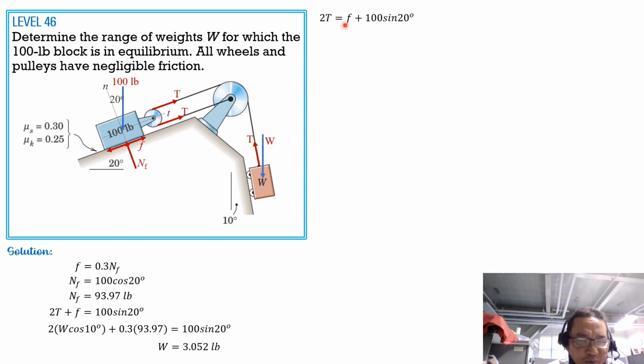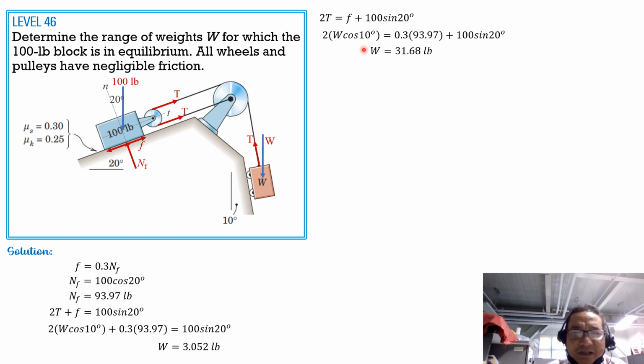So friction is 0.3 of NF again. So 2 times T, which is W cosine of 10 degrees, equals 0.3 of NF, and NF is equal to 93.97 plus 100 sine of 20 degrees.